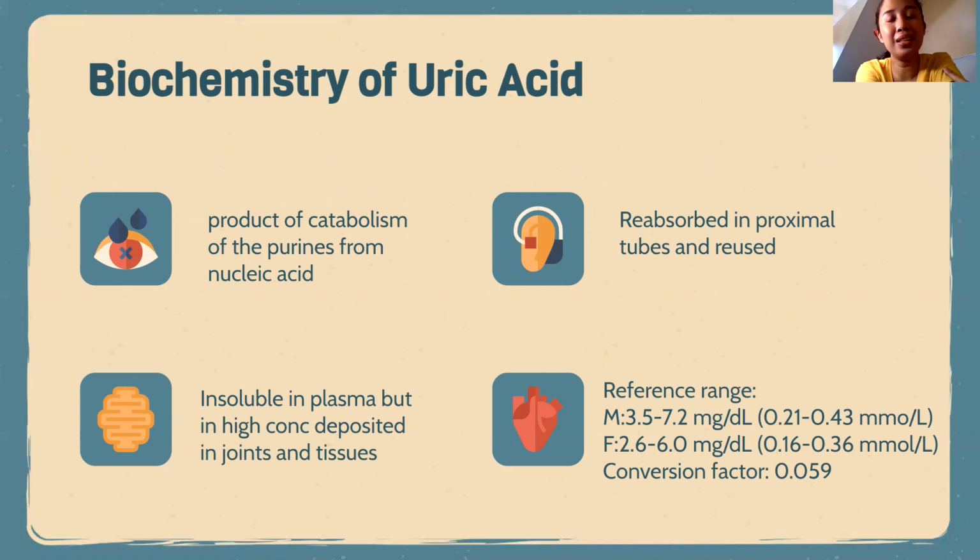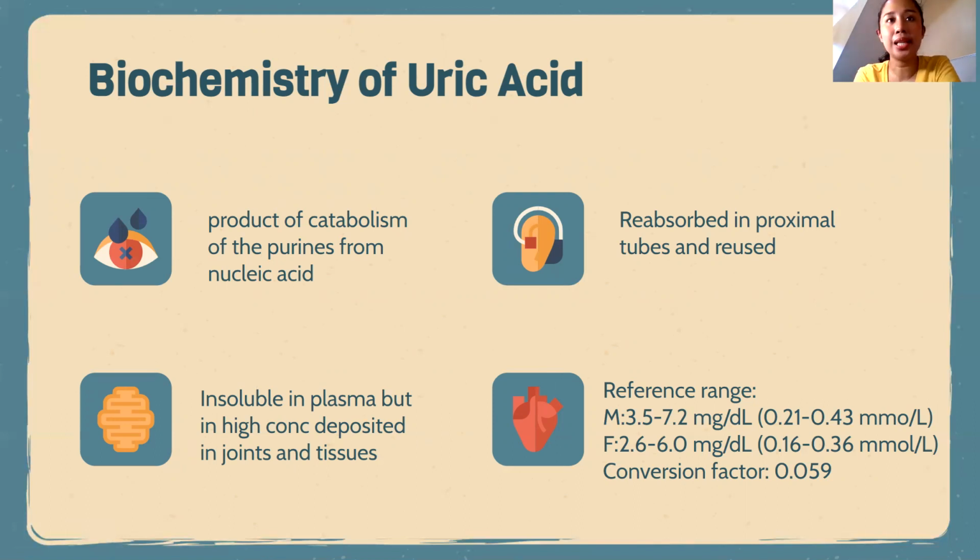So class, with excess uric acid, it could deposit in joints and tissues and result in inflammation, which is painful. It could result in gout, gouty arthritis, and so on. It could also affect the kidneys.